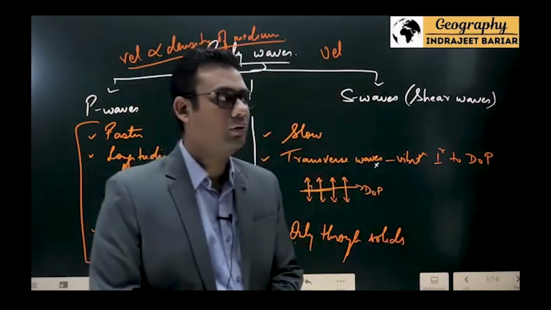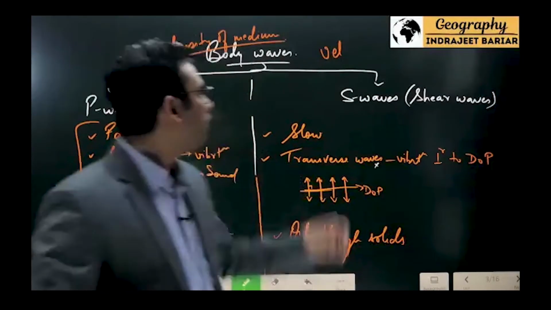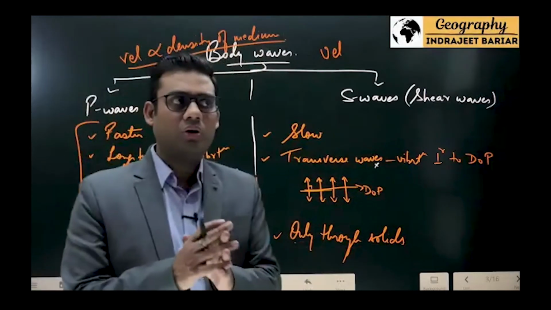Yes, Nivedita. So this factor, that P waves are faster and S waves are slower, and while the waves pass through any medium, they'll be faster, these two factors are independent of each other. First thing, velocity is directly proportional to density of medium. That is applicable to all the waves.